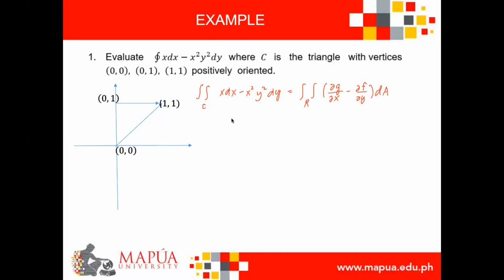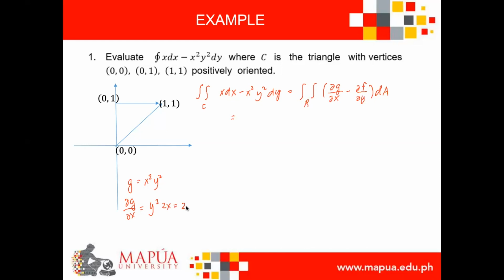So with that, let us get the partial derivative of your function g with respect to x first. Your function g here is x squared y squared. If you're going to get the partial derivative of g with respect to x, y will now be considered as constant. So copy y squared, and the derivative of x squared is 2x.